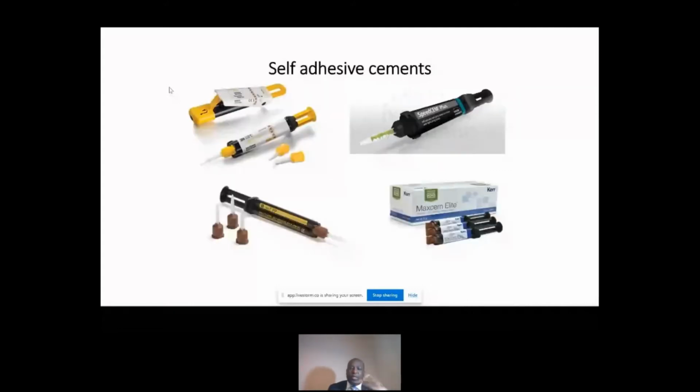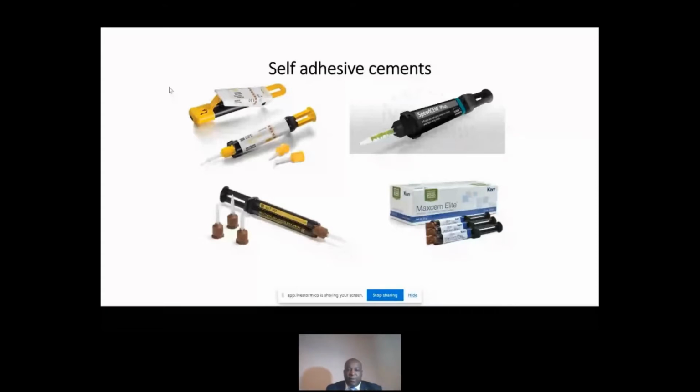And this brings us on to the latest iteration of cements, which is the self-adhesive cements. As we said, these came into the market in 2004. And speaking from experience, these are very common cements, and they're well used, especially when it comes to ceramic dentistry.